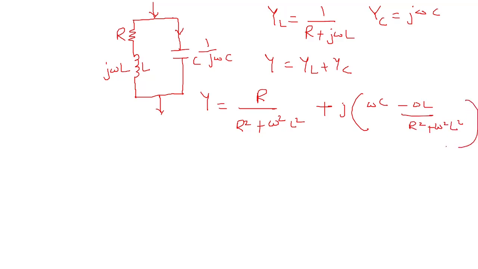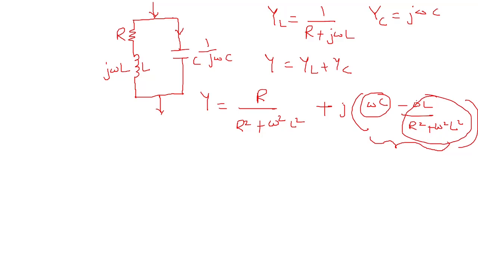Here we take the imaginary term. We have to equate it, because one is the capacitive term and the other is the inductive term. These two should be equal to each other, and this condition will be the resonant condition.